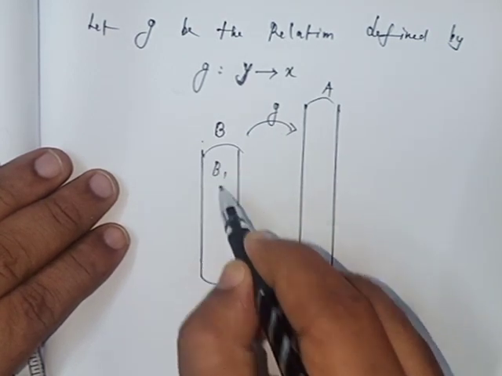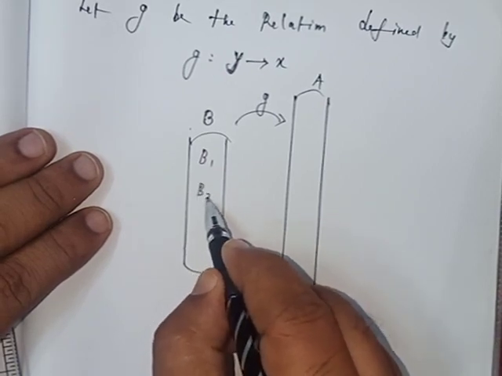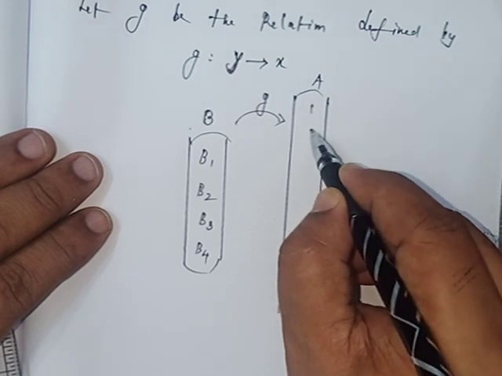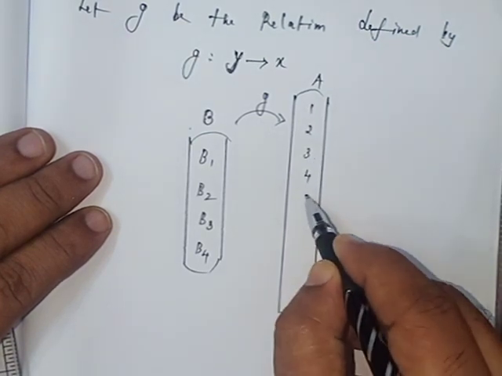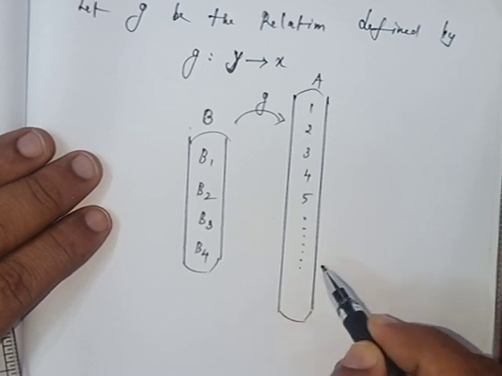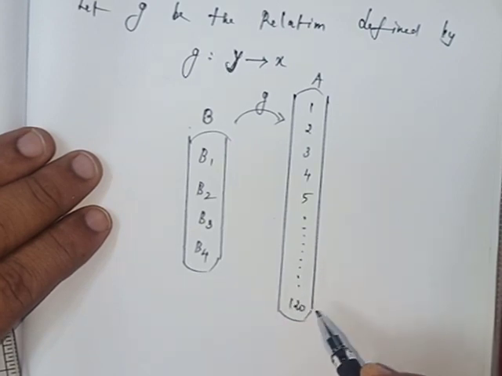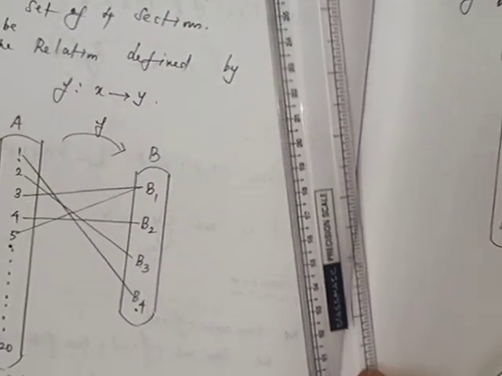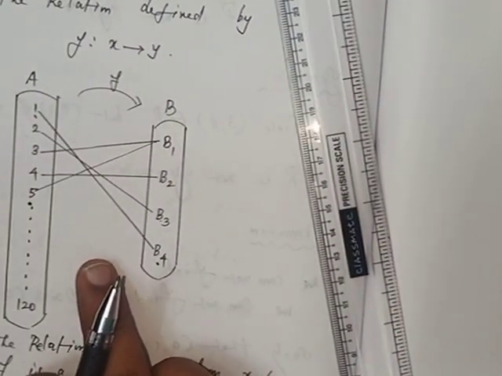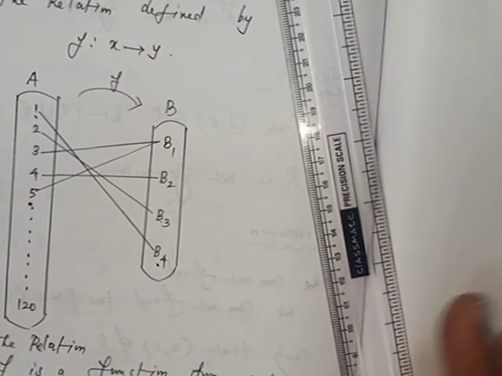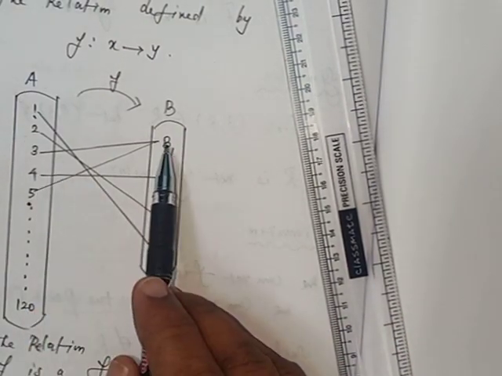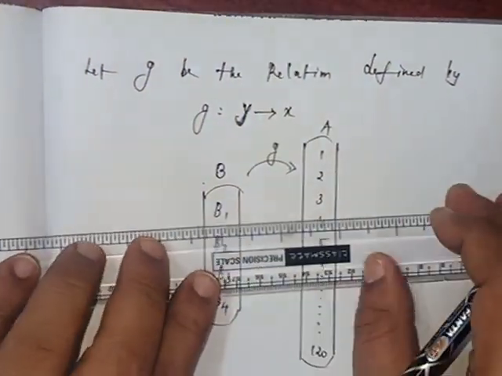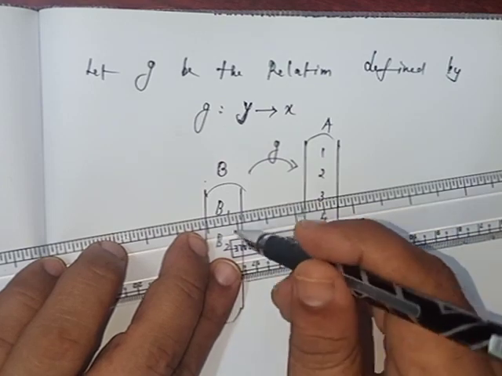4 different sections B1, B2, B3 and B4. 120 students, 1, 2, 3, 4, 5, etc. up to 120. Here what I have taken, same thing I am going to consider over here. B1 to 3, B1 to 5.